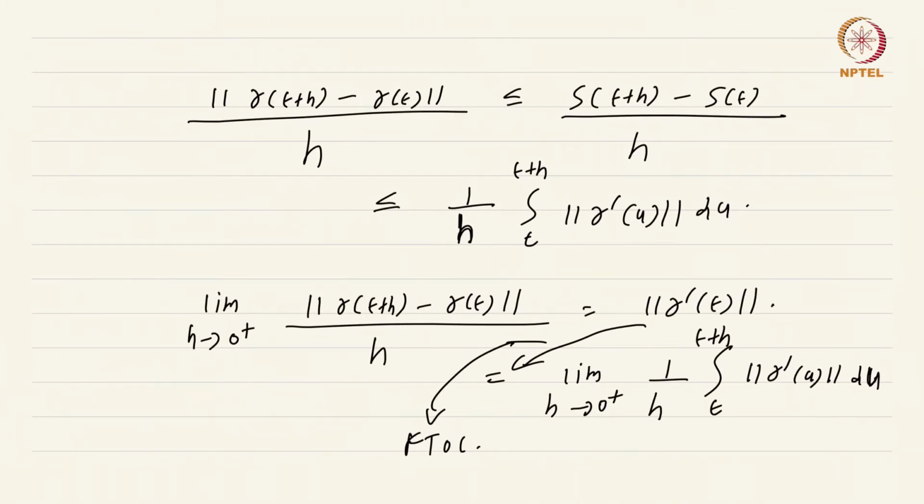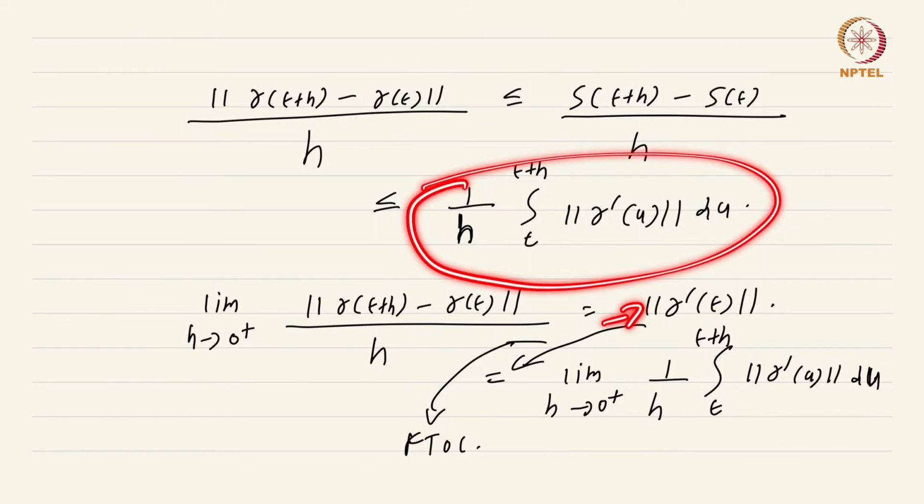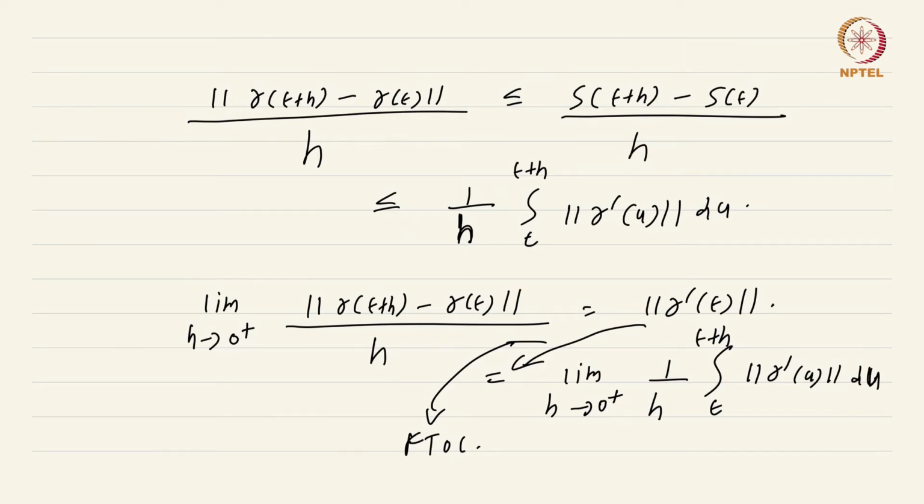Now because this term, the limit as h goes to 0 plus of the left hand side, is mod gamma prime of t, this is nothing but the left hand side. Taking the limit as h goes to 0 plus of the right hand side also gives the same thing. It also gives mod gamma prime of t.